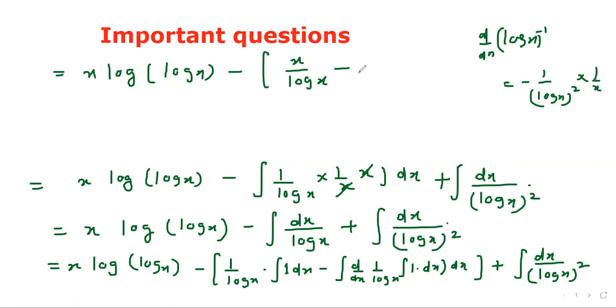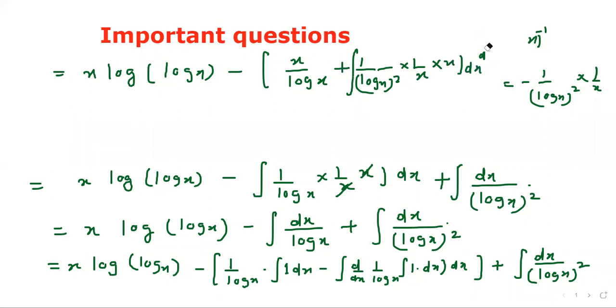So this will become plus, with the integration symbol, 1 upon log x whole square into 1 upon x, and because of this the minus sign has become plus, into integration of 1 dx will give x, then dx.